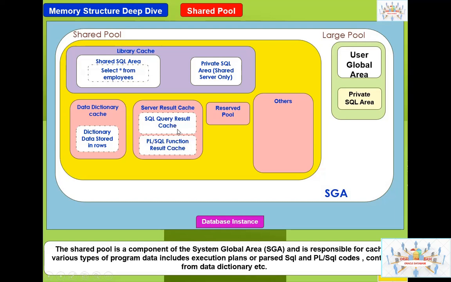So there are two separate areas for caching. The results of a function will be stored in the PL/SQL area, and the results of a SQL query will be stored in the SQL area. We can also reserve an area in the shared pool. As I said, we'll discuss more detail about these things later.